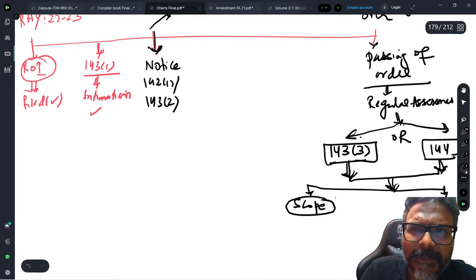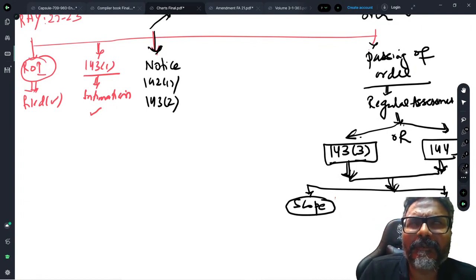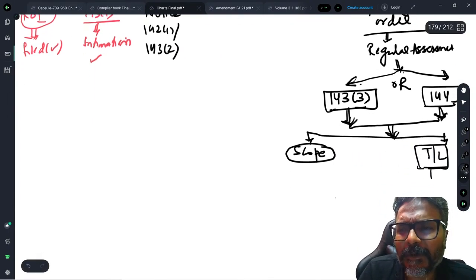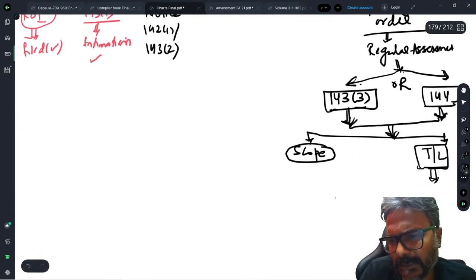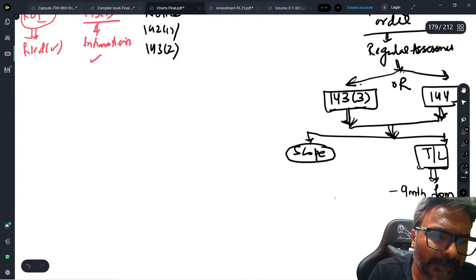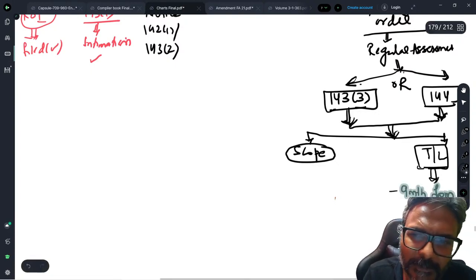So for the regular assessment order under 143 or 144, what is the time limit to pass the order, students? Be very careful. The time limit to pass the order is 9 months from the end of the relevant AY. This time limit is given to you under section 153(1).